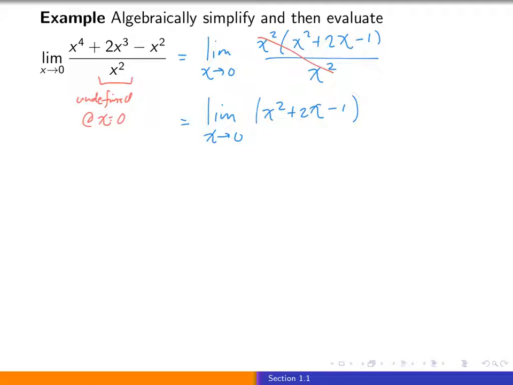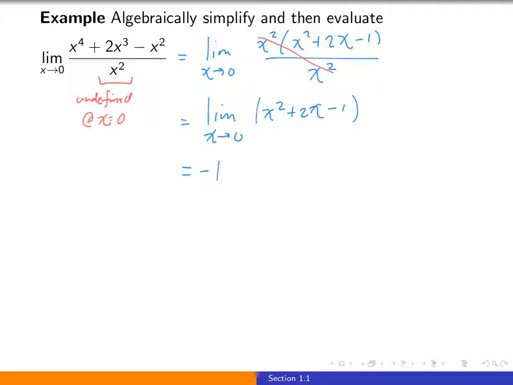And once again, remember the question that is being asked. If we are going to input a value of x really close to 0, what will the output here become close to? Well, if x is close to 0, x squared is close to 0, and 2x is close to 0. So 0 minus 1. So for an input close to 0, our output is going to become close to minus 1.